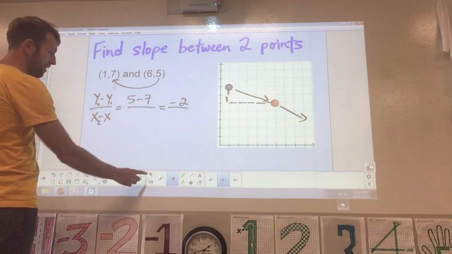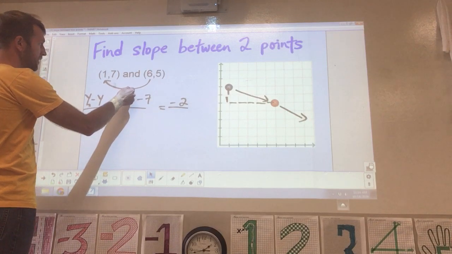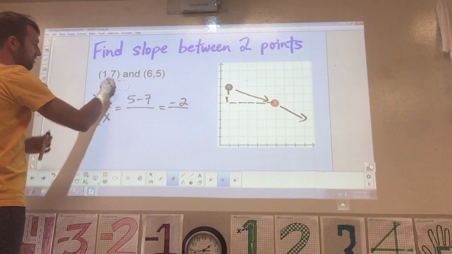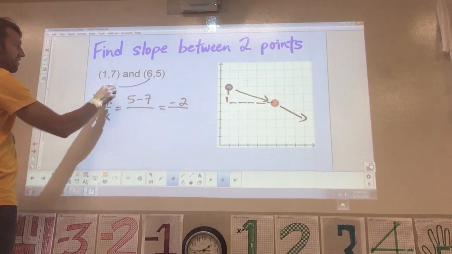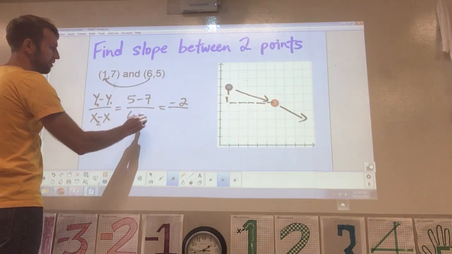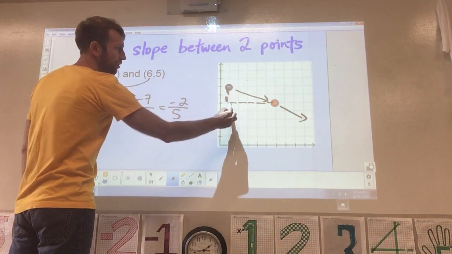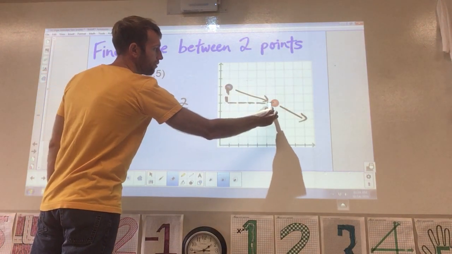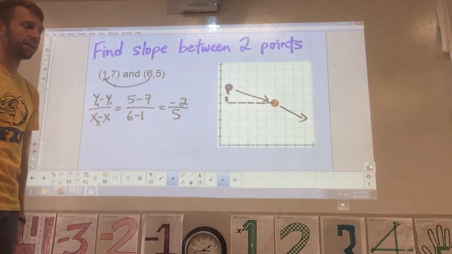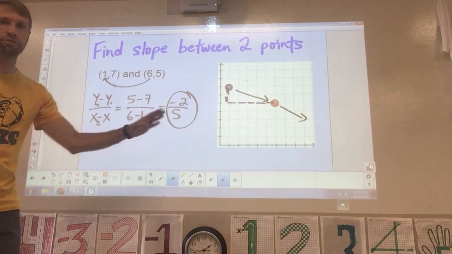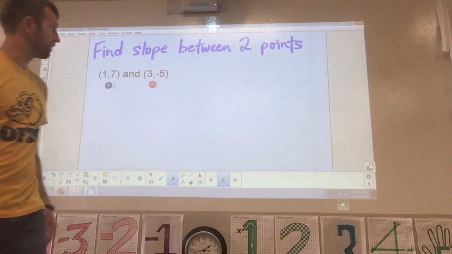And then 6 minus 1 is what we're looking for with our x's. So we take our newest x, subtract the 1, 6 minus 1 is 5. Hey, didn't we say that we went down 2 and then over 1, 2, 3, 4, 5 spots to hit that other M&M? Cool, so we have proof that our formula is working for what we see visually.